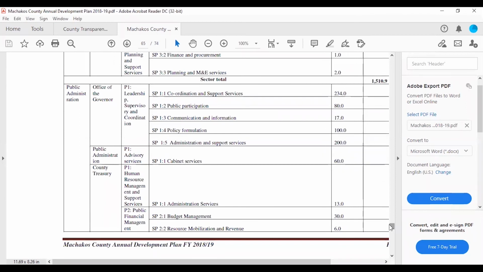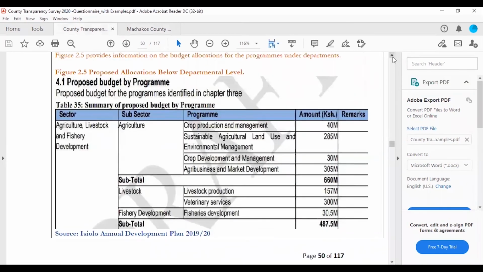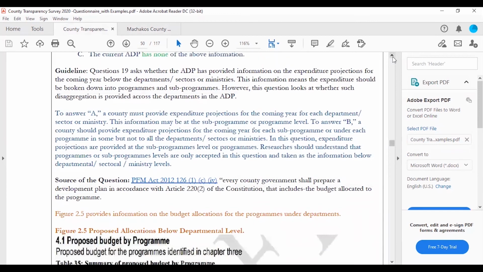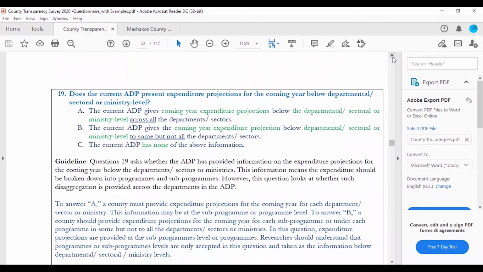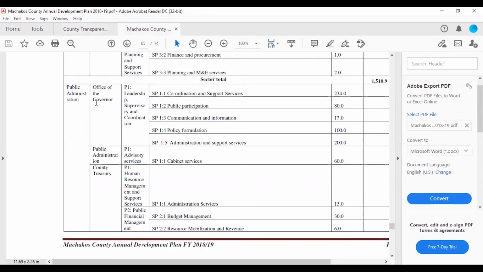So let us see. Like you see, public administration. So you can find from this statement that they have given a breakdown of what they want to use per department. So we can see that for public administration, they have stated what they want.